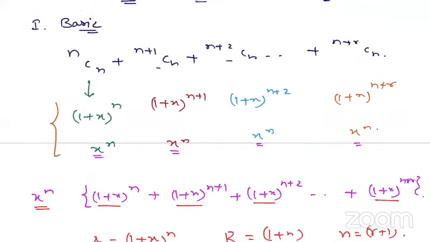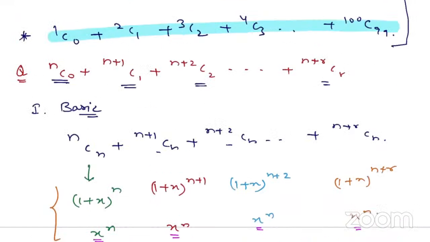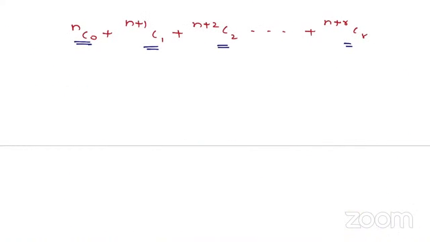So the question was nC0, nC1, n plus 1, the original question was this: nC0 plus n plus 1 C1 and so on.